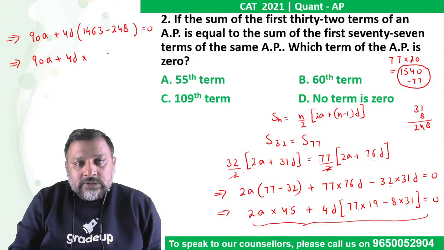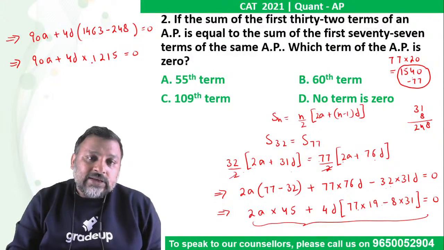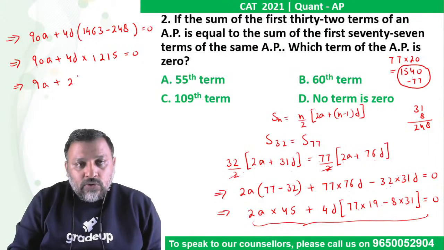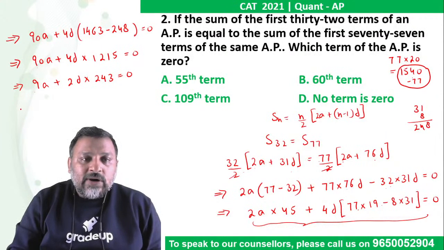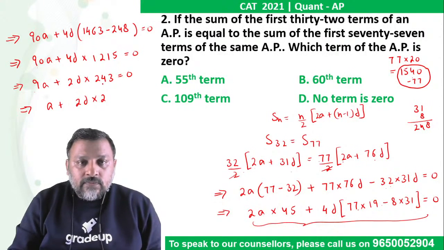Okay. Now we can cancel 10 from both sides. If you cancel 10, you will get 9a and 2d into this divided by 5, so what you'll get is 2 times this is 43. The multiples of 9 written on both sides, cancel those too. So a plus, dividing by 9, it is 2 times 27.